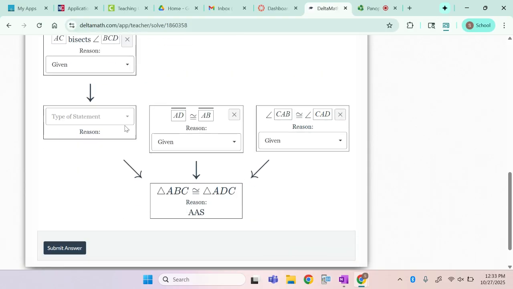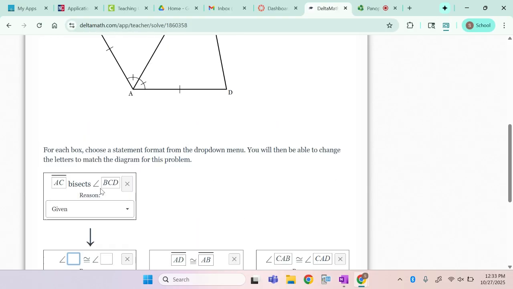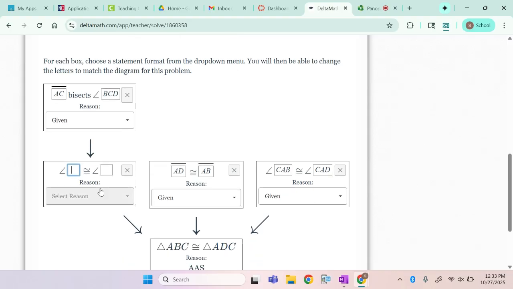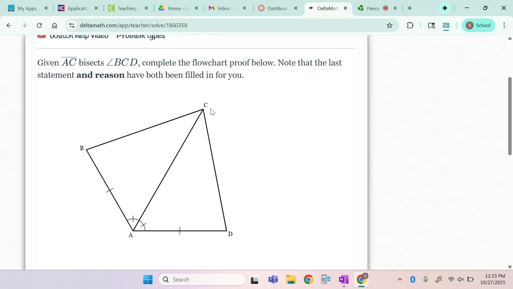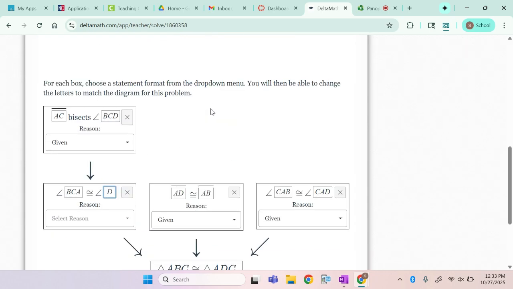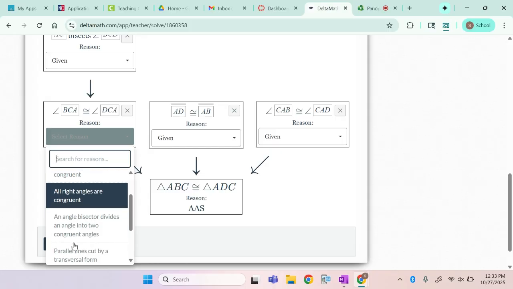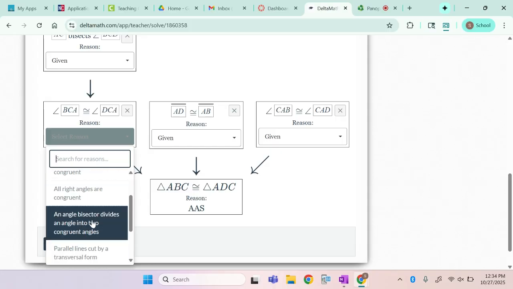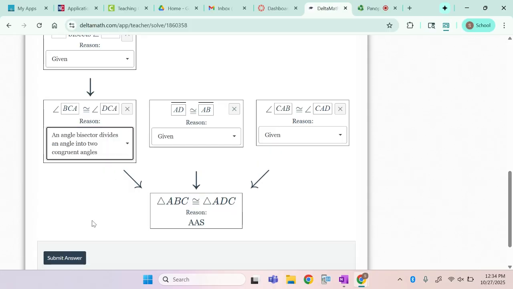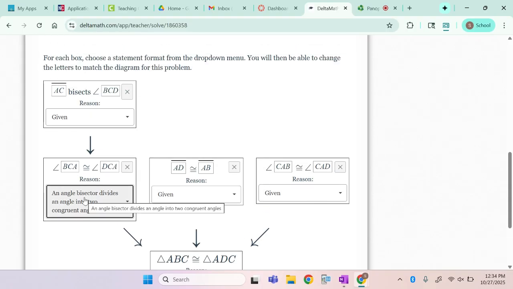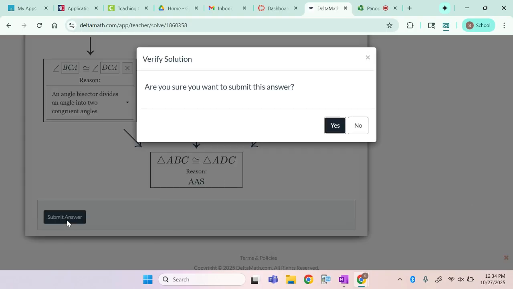So we would say angle BCA is congruent to DCA. And the reason is because of the angle bisector. So an angle bisector divides an angle into two congruent angles. And then we got our proof.